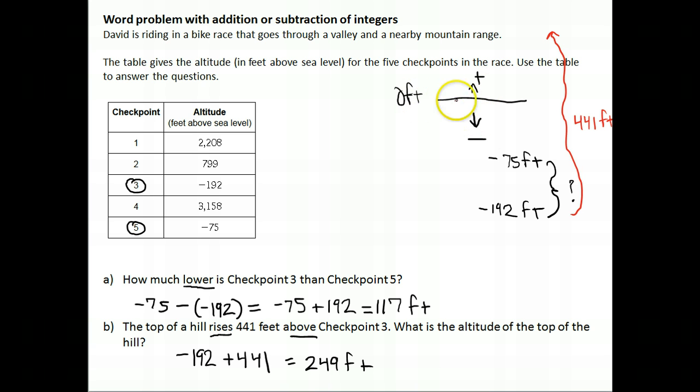And we know it's going to be above 0 because 441 is larger than 192. So we're just trying to find this height that would be here. That's the question for the second one, and that's what we did. You just take the negative 192, then you add 441 feet to it, and that will tell you how high the tree is. I mean the hill, I'm sorry.